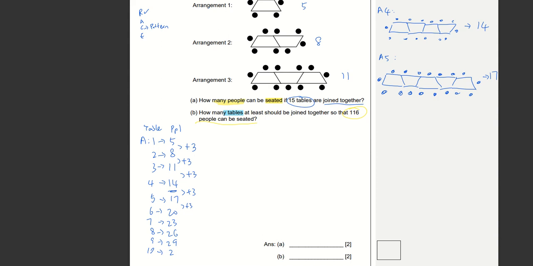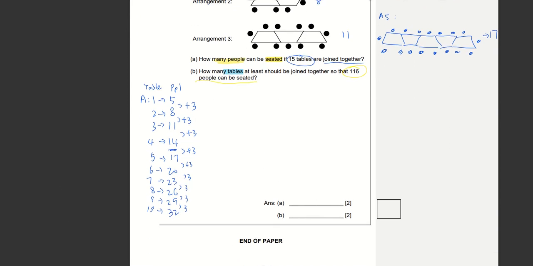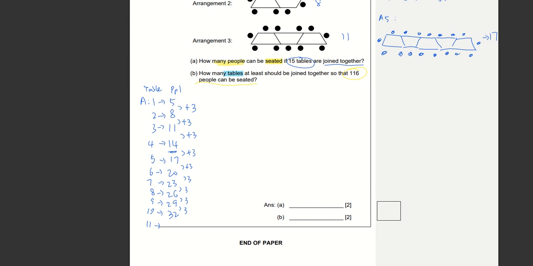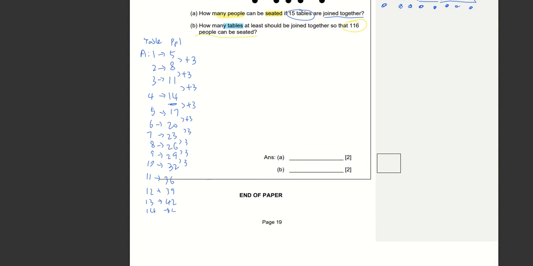But of course, the more you list, the higher the chance you are not careful and you may make mistakes. And I can go down to 11 tables, 36, 12 tables, 39, 13 tables, 42, 14 tables, 45.